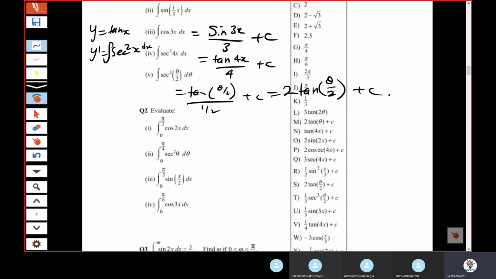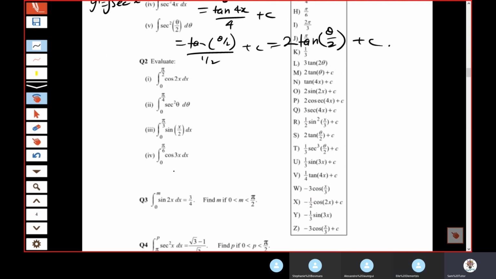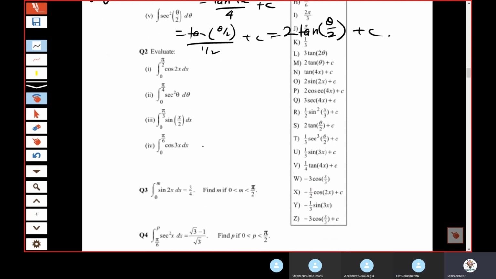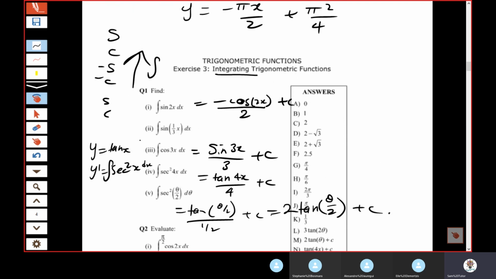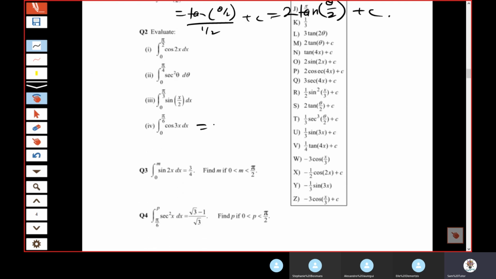L, you said you hadn't done integration of trig yet, but that's not any harder, is it? No, it's good. And limits work the same way. If you follow that SC business, cos becomes sine. So the answer to this is sine 3x on 3, from pi on 6 to 0: sub in pi on 6, take away sub in 0.